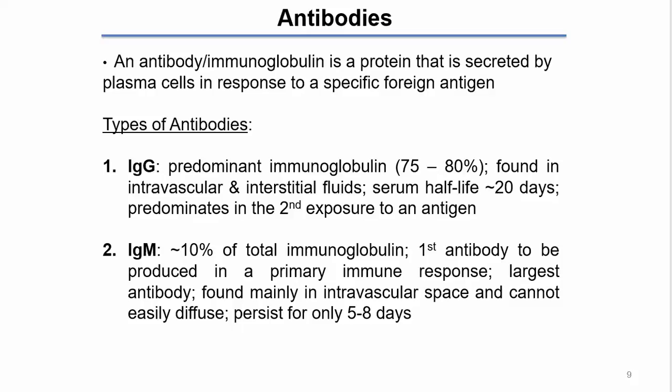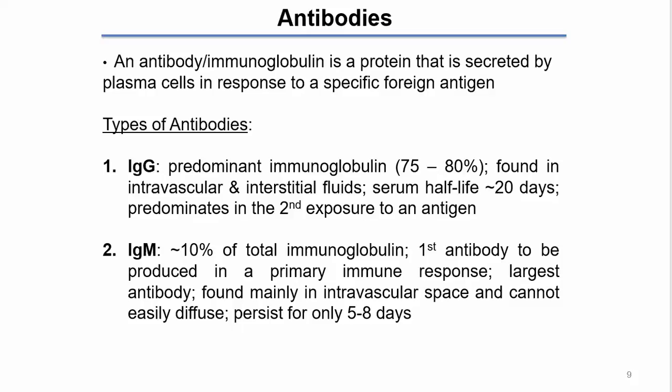M-A-D-G-E are the 5 types. It spells the word MADGE, M-A-D-G-E. Now, unfortunately, the MADGE mnemonic doesn't give us the order of them. It just helps you remember that there are 5 and what their letters are.